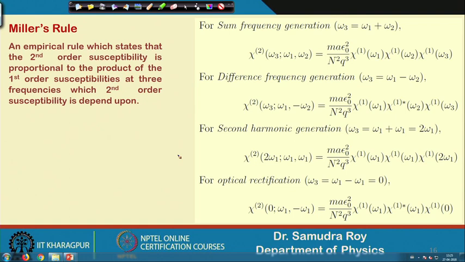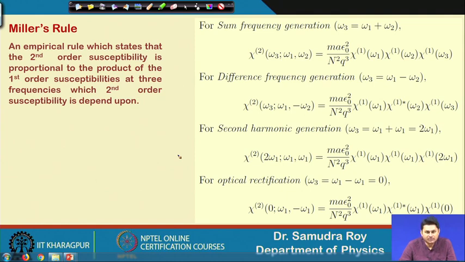Because of this anharmonicity, we have an additional term which depends on x cubed in the potential. This x cubed potential term basically gives rise to a force which is a square of that. So, the force becomes nonlinear, and when we solve the differential equation for that particular force, we will find the solution, and this solution is the second order solution.